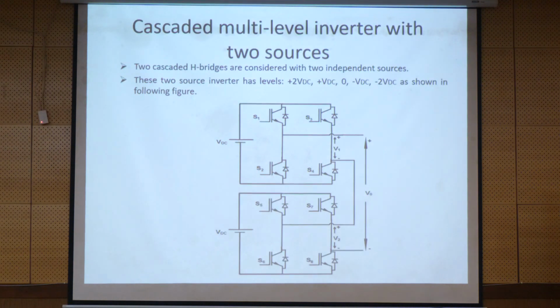Then if you go for this one, we have two DC sources and two H-bridge modules which are cascaded. The output of one is given as input to the next, and the output voltage is the combination of the output generated by H-bridge module 1 and that generated by H-bridge module 2.